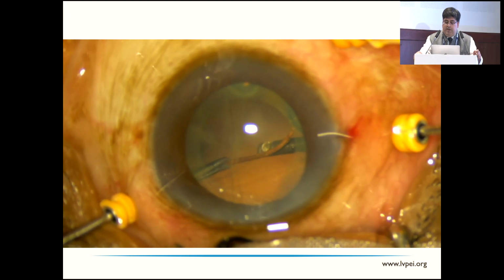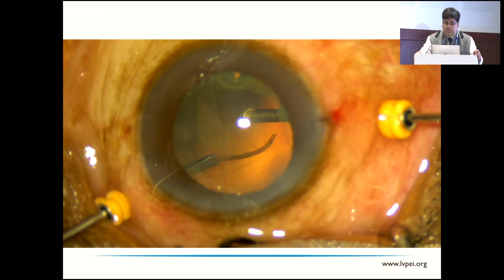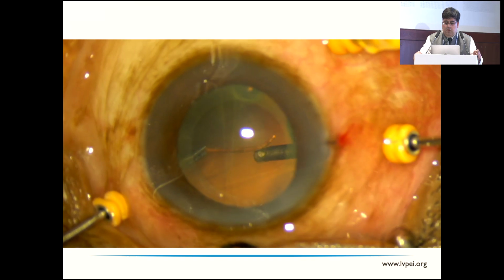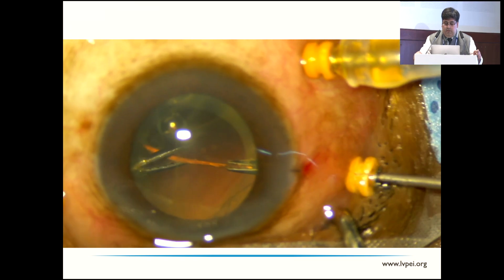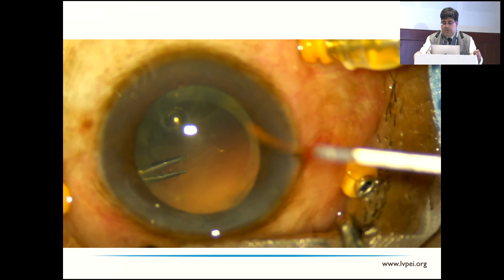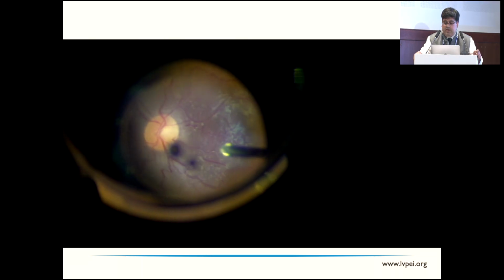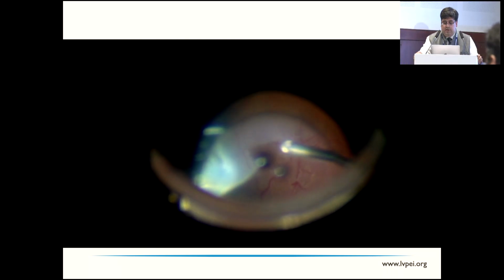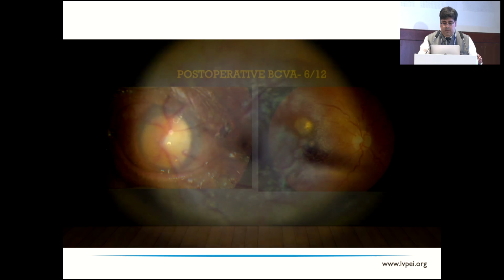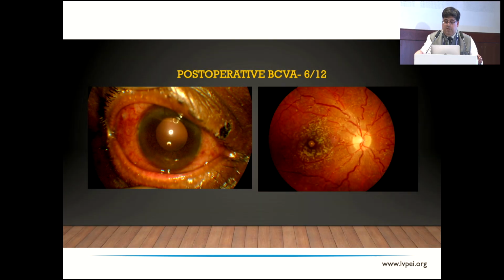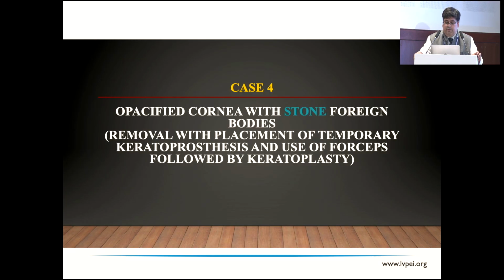All the vitreous was freed around it, and this copper wire was then removed through a handshake technique. It was thin enough to be taken out through the port itself, and then a lens was put. You could see the signs of the fundus changes in this eye. Post-operatively, this patient did well, to 6/12 vision.